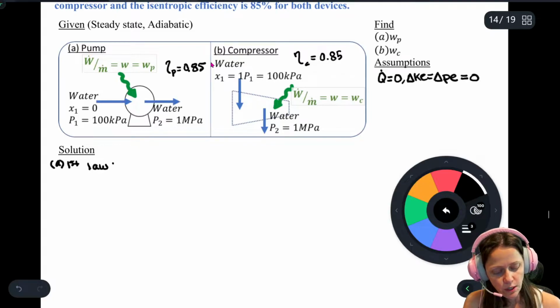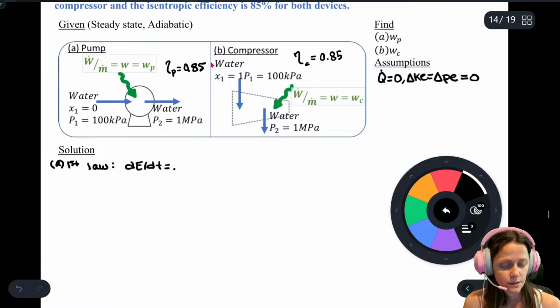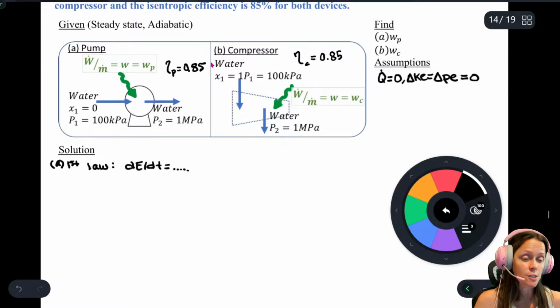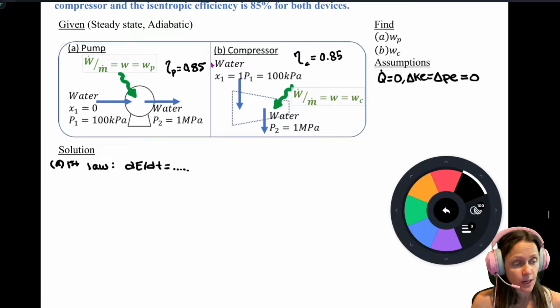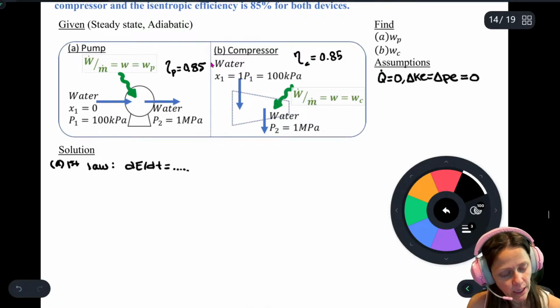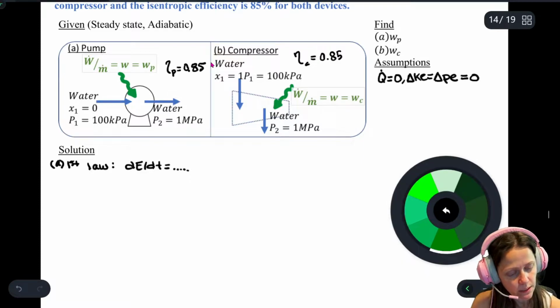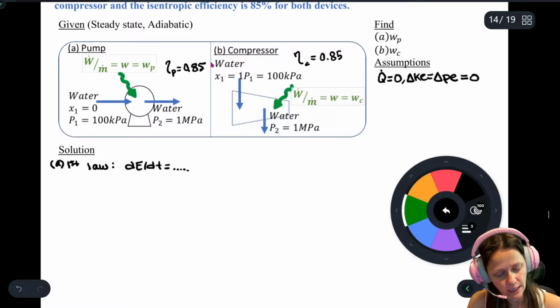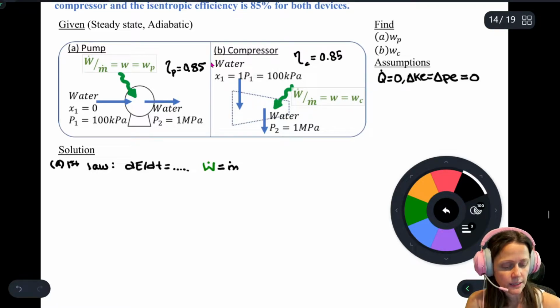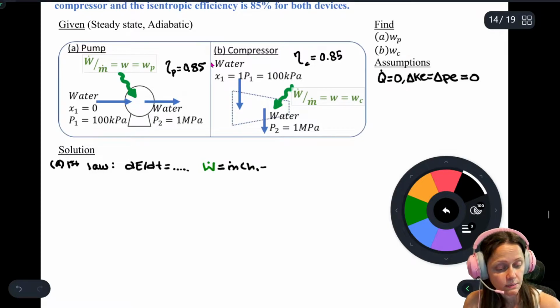Our first law is going to give us dE/dt equals... And we've done this plenty enough times that I know what I'm going to end up getting: W dot is equal to m dot times (h1 minus h2).